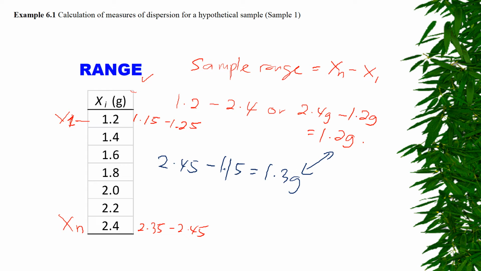The range is a relatively crude measure of dispersion, as it does not take into account any measurements except the highest and the lowest. Furthermore, since it is unlikely that a sample will contain both the highest and lowest values in the population, the sample range usually underestimates the population range. Therefore, it is a biased and inefficient estimator.